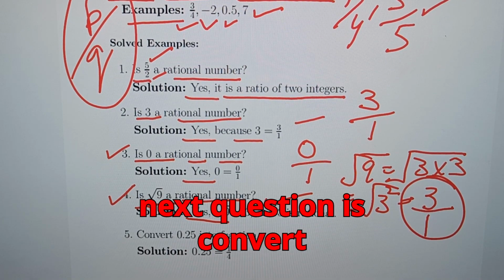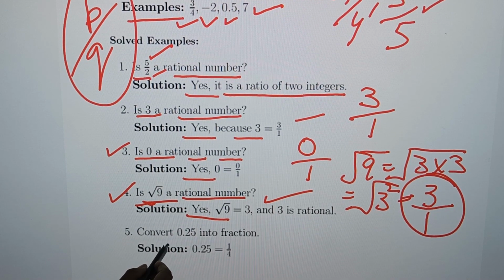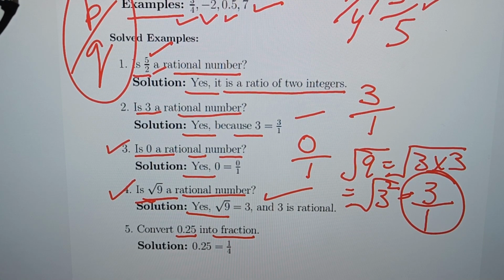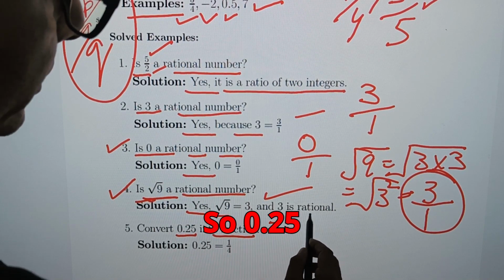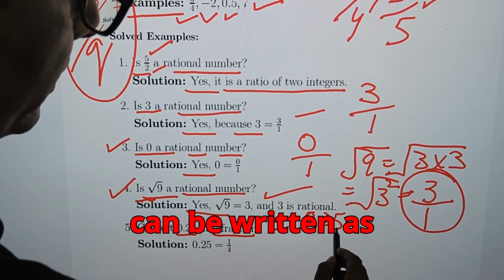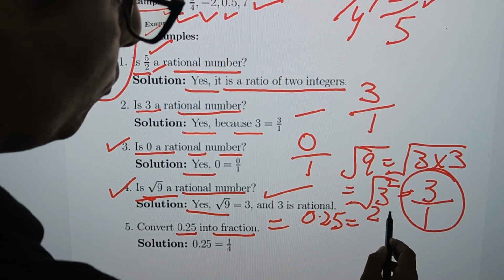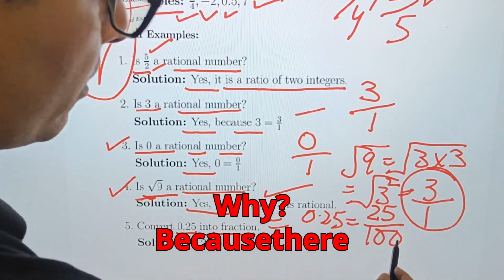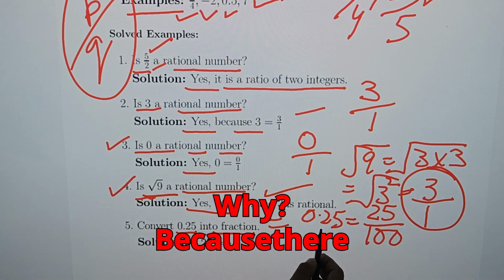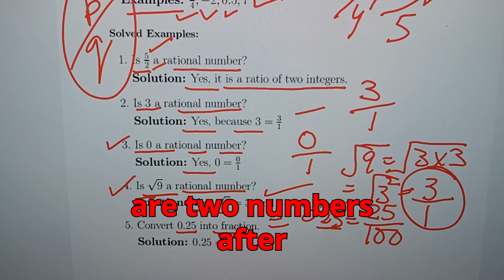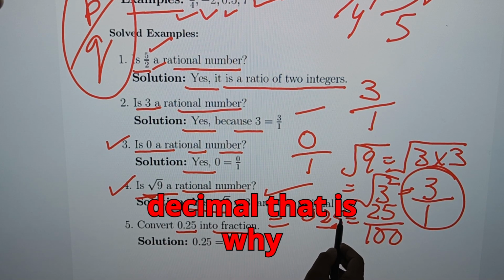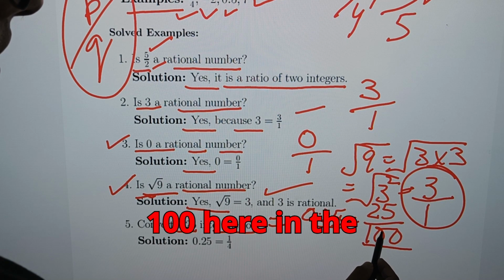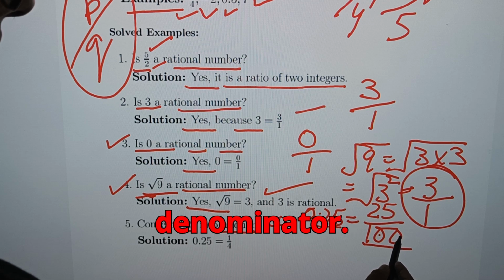Now our next question is, convert 0.25 into fraction. So 0.25 can be written as 25 upon 100. Why? Because there are two numbers after decimal, that is why we have written 100 here in the denominator.